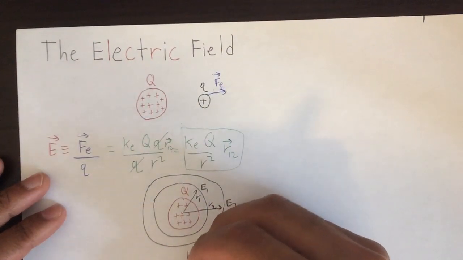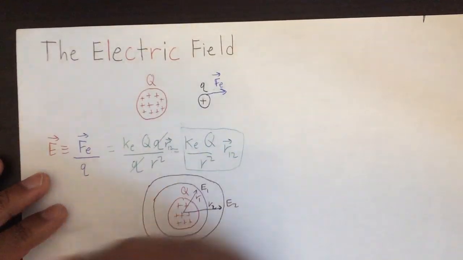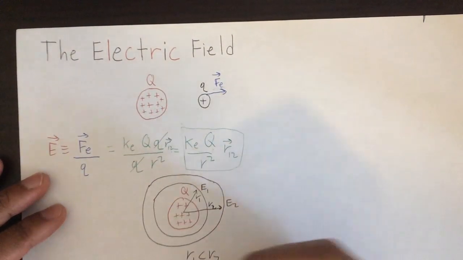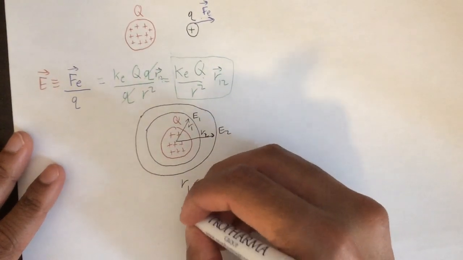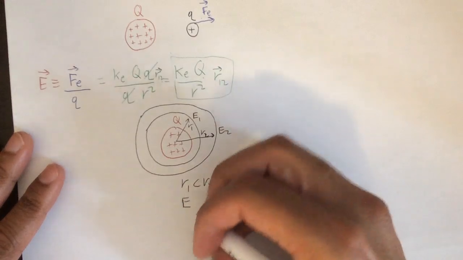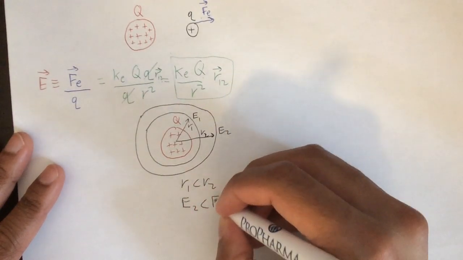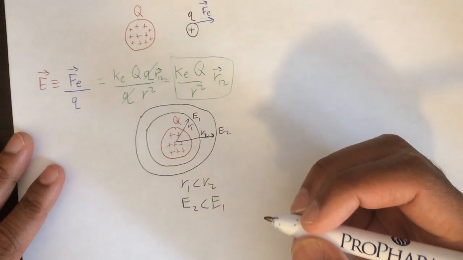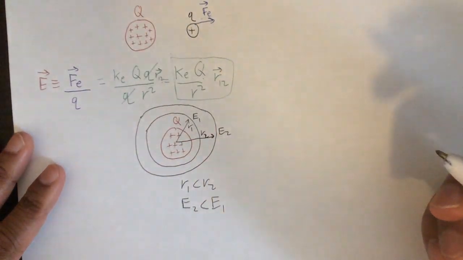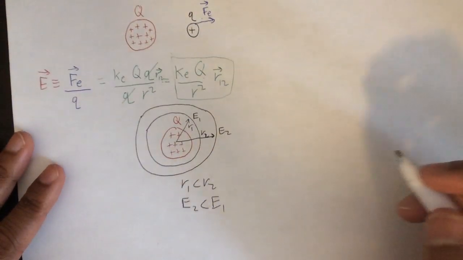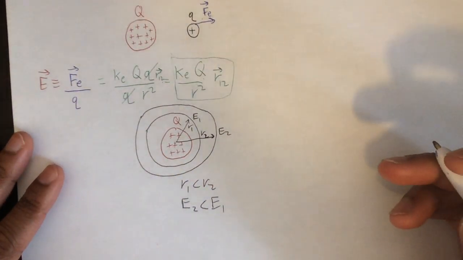We know that R1 is less than R2, and based on this equation, that means E2 is less than E1, because R is getting bigger, so E is getting smaller. So that's one way to think about this electric field.